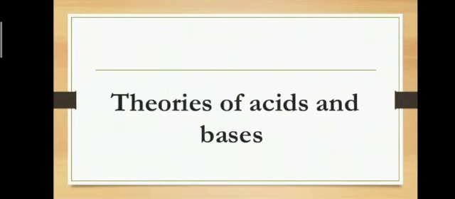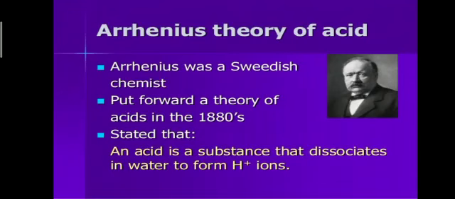Now, theories of acids and bases. The first is Arrhenius concept of acids and bases. Arrhenius was a Swedish chemist who explained that aqueous solutions of acids and bases can conduct electric current by producing ions in aqueous solution. Means in aqueous solution when ions will form, it means that complete ionization of solution occurs.